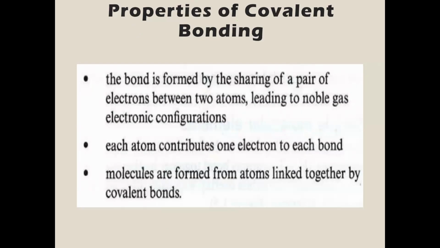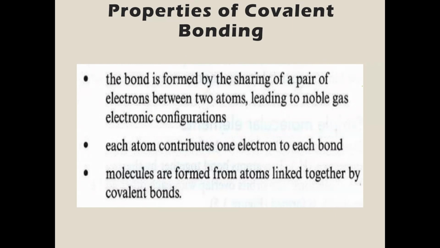What are the properties of the covalent bonds? The covalent bond is formed by sharing a pair of electrons between 2 atoms. Every covalent bond is formed by sharing a pair of electrons. If it is a double bond, every bond will share a pair of electrons, so the double bond is the sharing of 2 pairs of electrons.